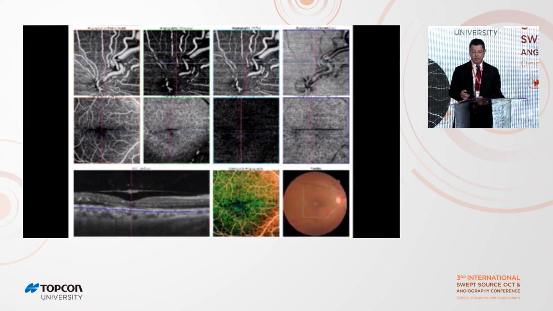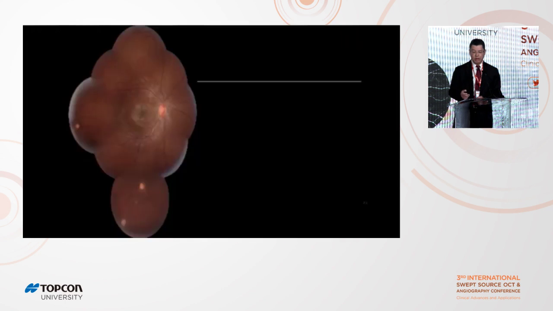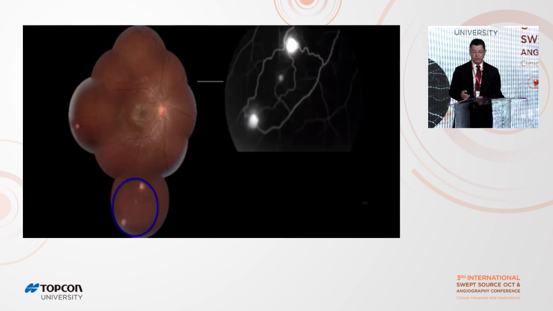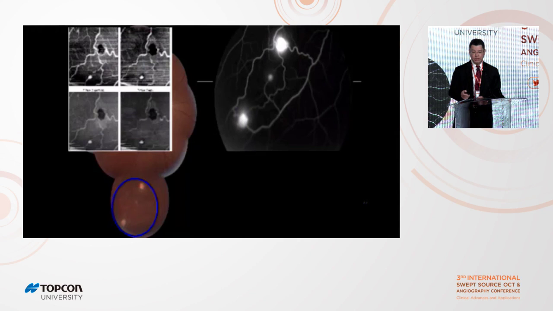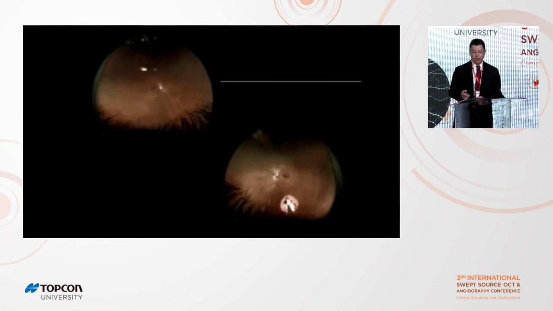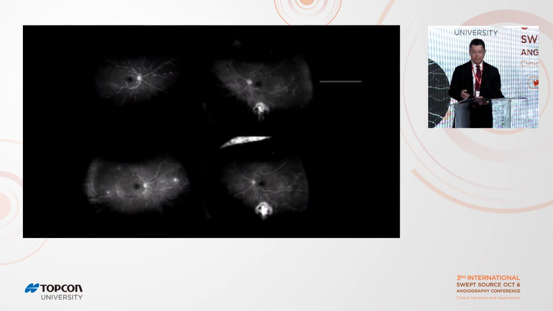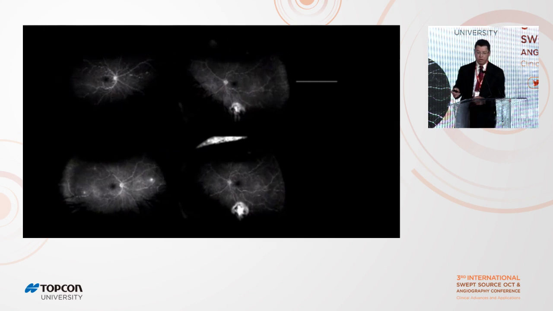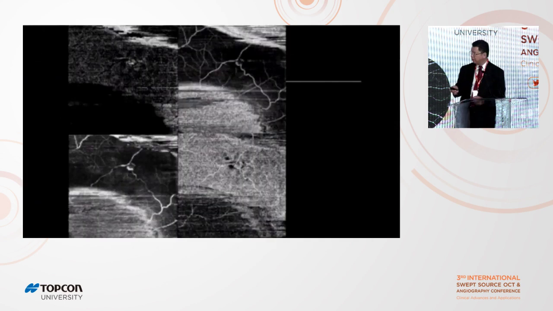And this is another example that shows the small lesions and the presence on the fluorescein angiogram and then on the OCTA. This is another patient that has small lesions here on the fluorescein angiogram. This left eye had been treated before, and the OCTA can show the presence of the hemangioblastomas very well.